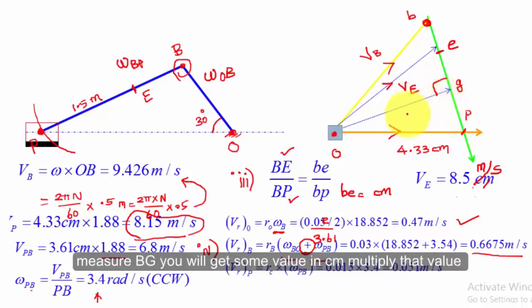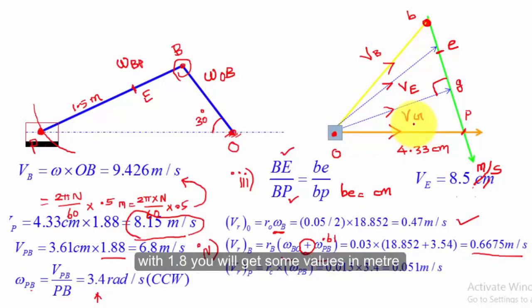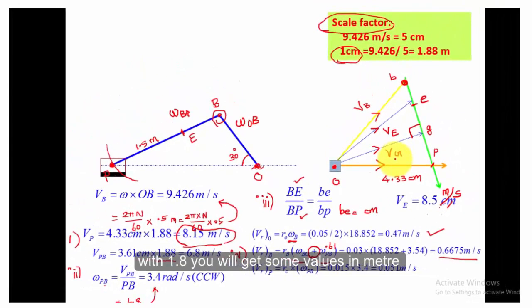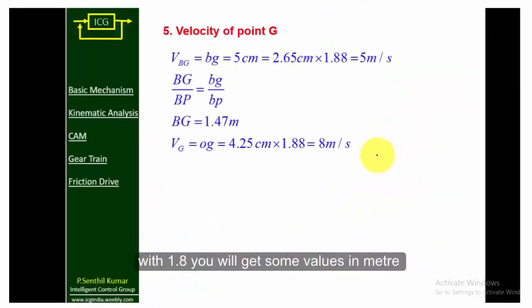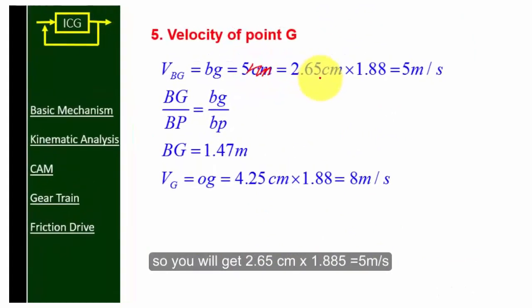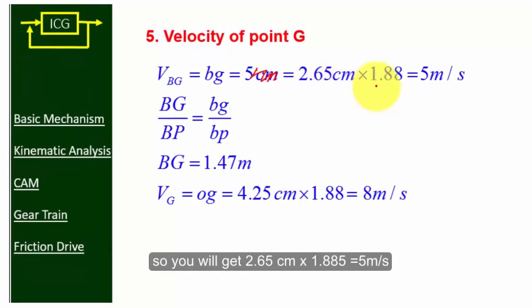So measure VG. You will get some value in centimeter. Multiply that value with 1.8. You will get some value in meter. Again, so you will get 2.65 centimeter into 1.88, 5 meter per second.